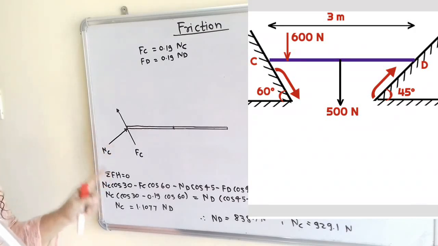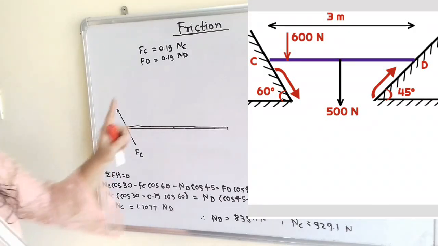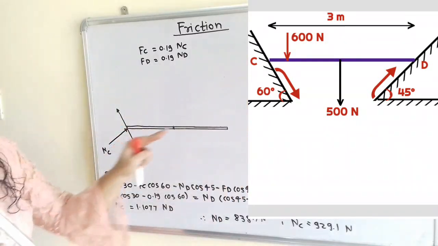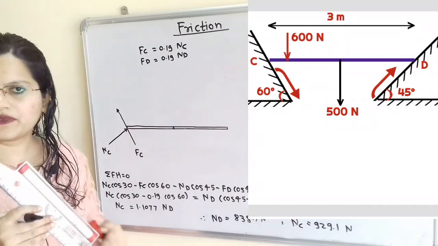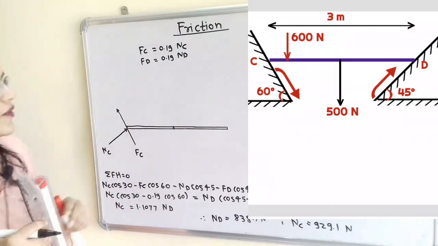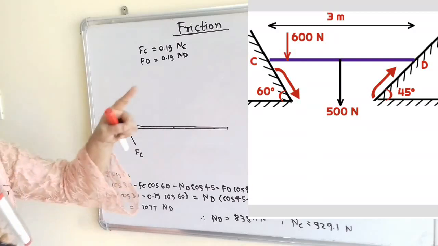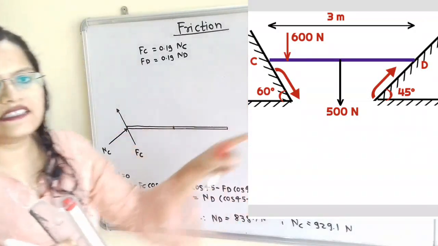Now at the same time at point D, this bar will move in the upward direction. So we show the frictional force in the opposite direction, parallel to the inclined surface.